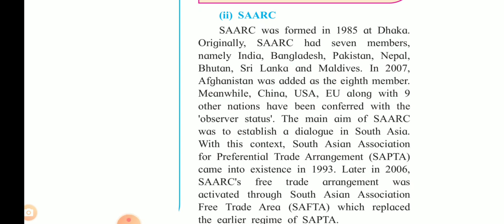The main aim of SAARC was to establish a dialogue in South Asia.